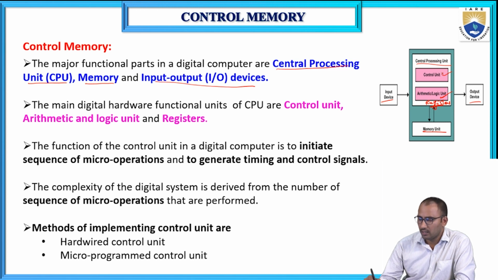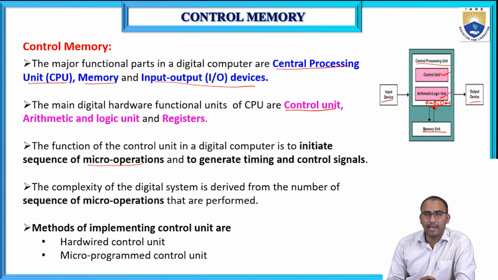Now the control unit. The control unit can be used to generate a sequence of micro operations. So using this control unit, we can generate some micro operations. What is a micro operation? Micro operations are the operations we perform on the data storing registers.